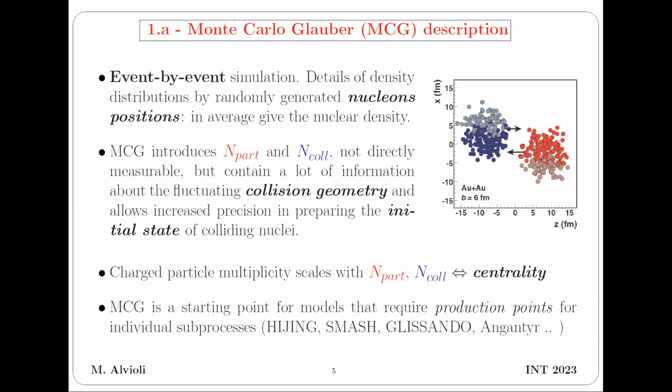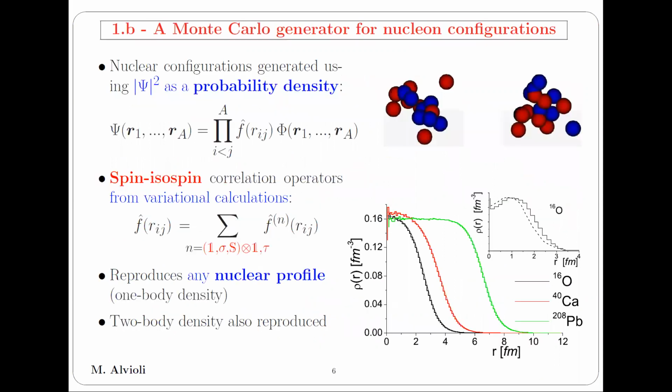Multiplicity depends on the number of participants and number of collisions, and these quantities are directly related to centrality. Monte Carlo Glauber is a starting point for many models that require production points for individual subnucleon processes. For example, Hijing, Smash, Glissando, and so on: many models use this Monte Carlo Glauber description.